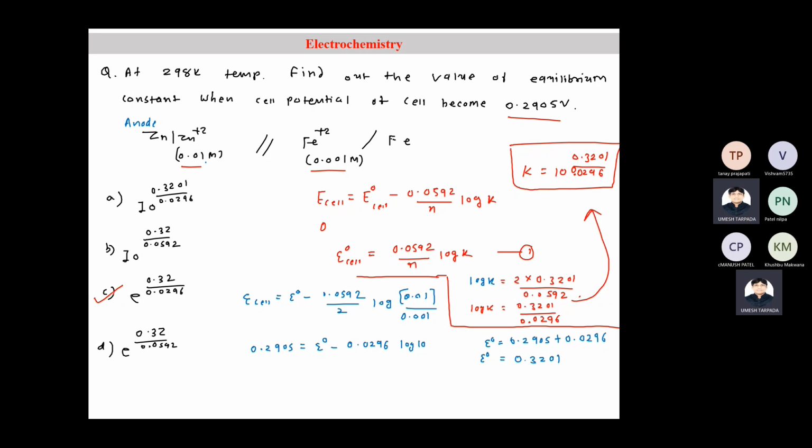Now we move to the important topic, that is Faraday's law, Michael Faraday's law. Faraday's law gives the relationship between two important things.